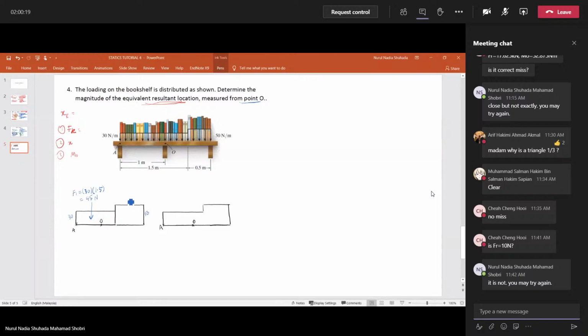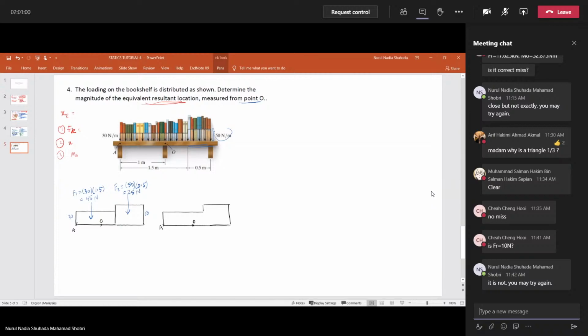And then you have to find the second area. The second force would be 50, because here is 50 for this one, times 0.5, because this is the length, the width. So this is equal to 25 Newton.